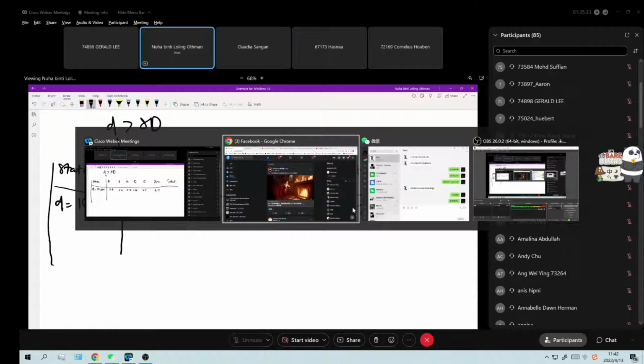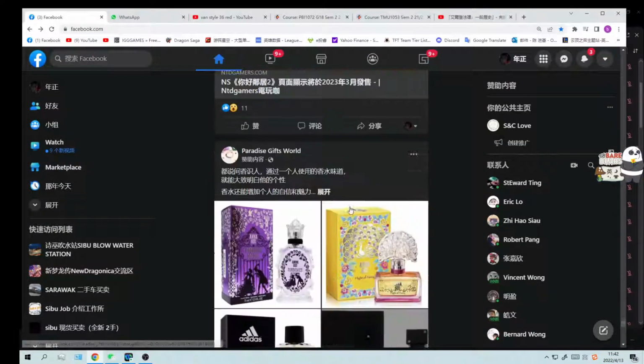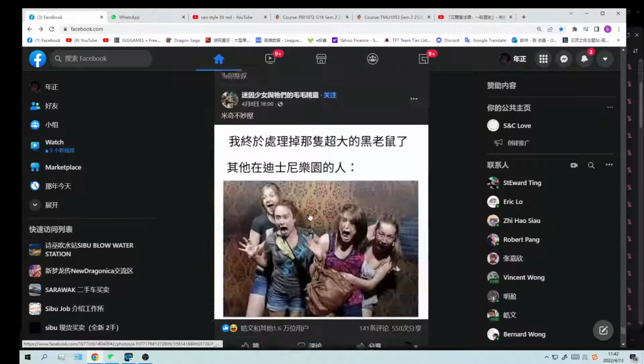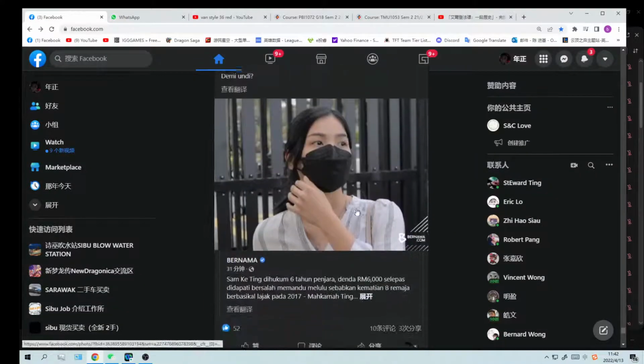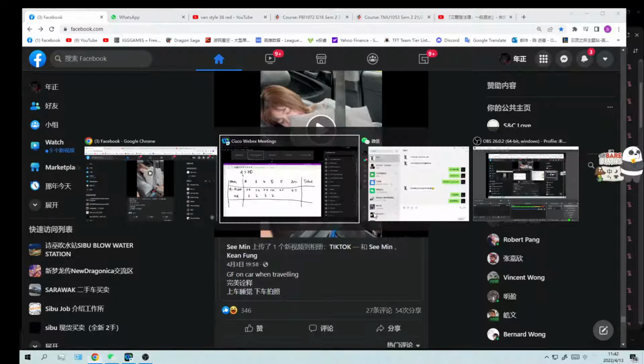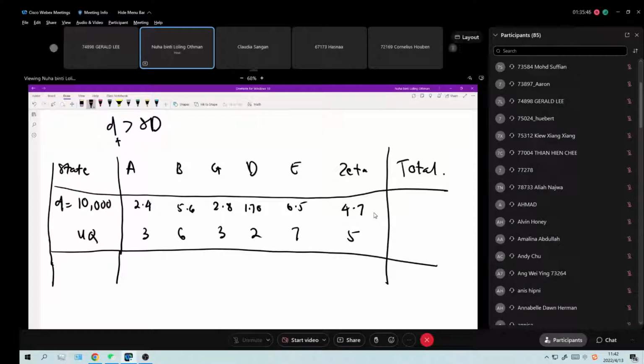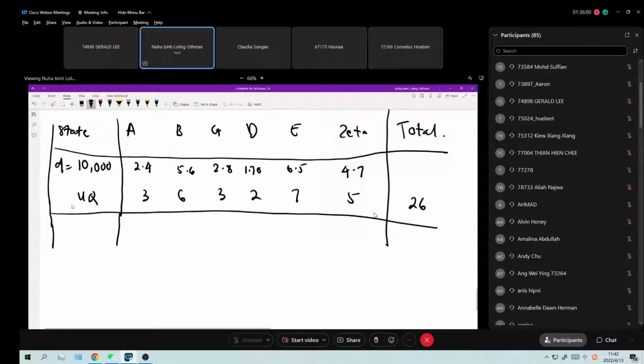Adams method uses the upper quota: 3, 6, 3, 2, 7, and 5. When you add up, you get 26, which is incorrect because the seats are only 25. So you need to guess again, meaning the modified divisor you chose is incorrect.